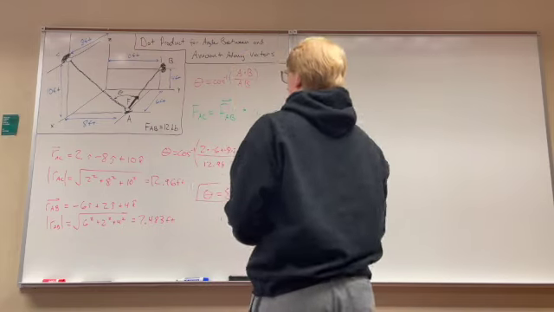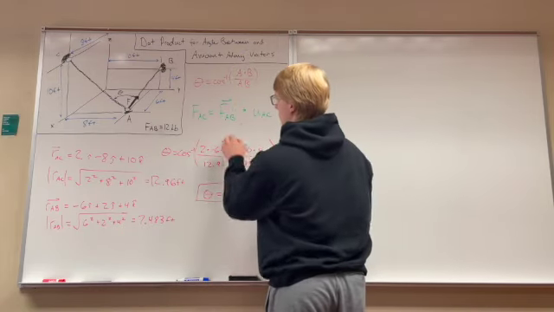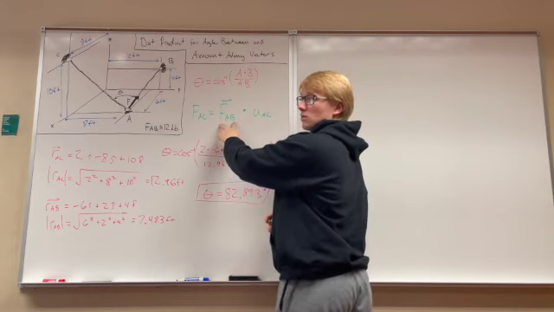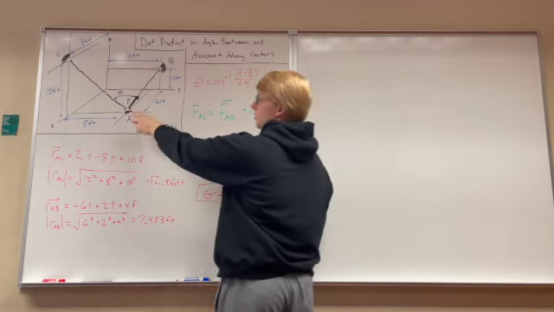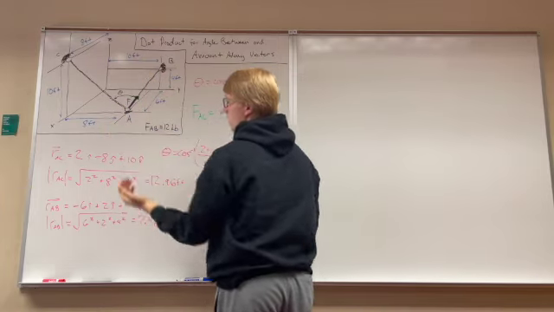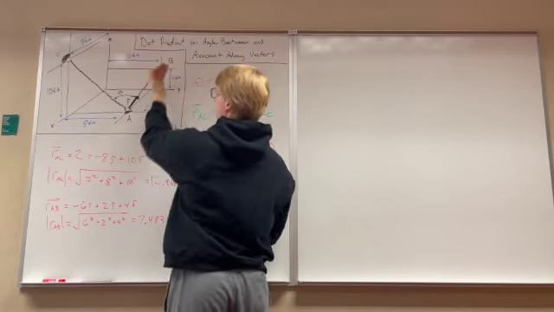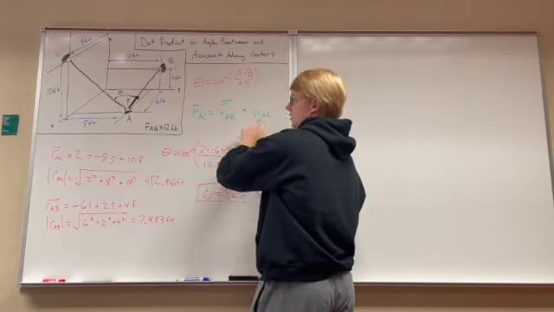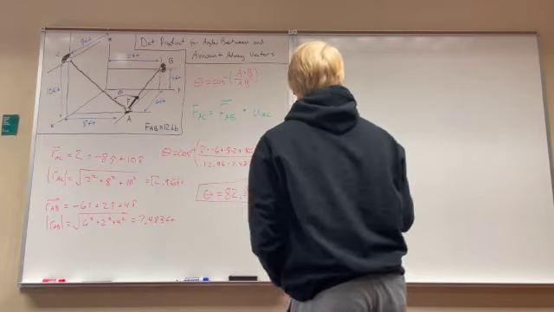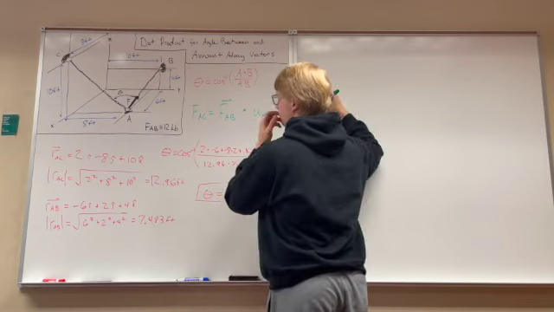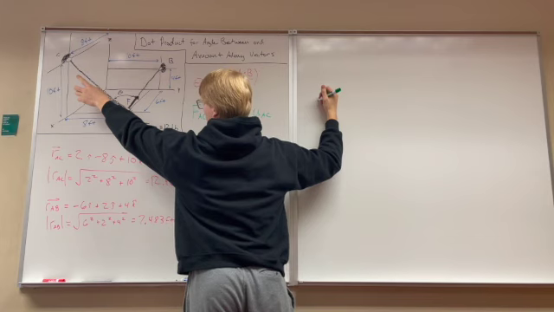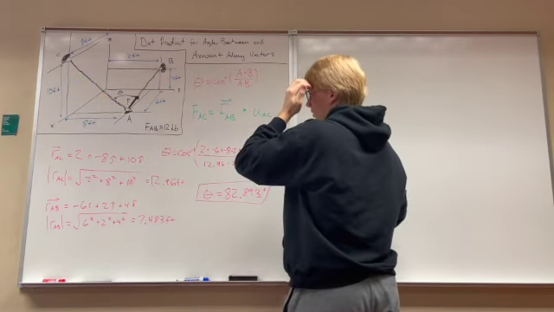And so what we're going to do is take the dot product of the force vector AB, which is going to calculate everything in the AB direction, and multiply it by the unit vector of the AC direction. And that's going to calculate the amount of force going in that direction.